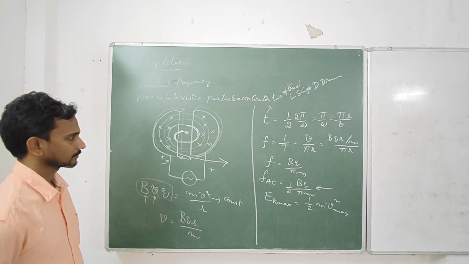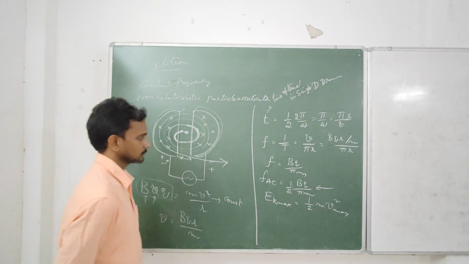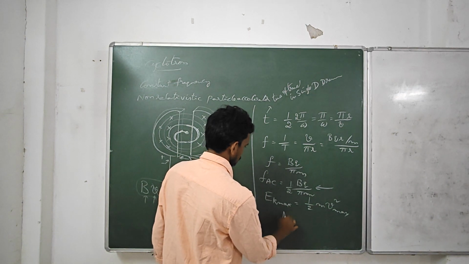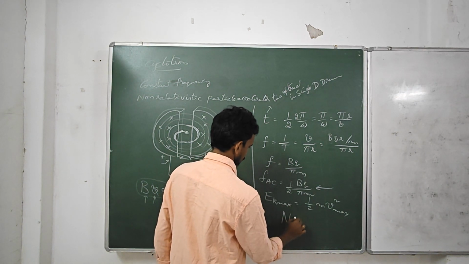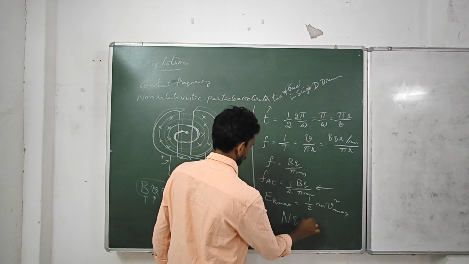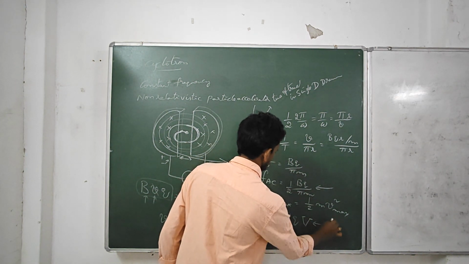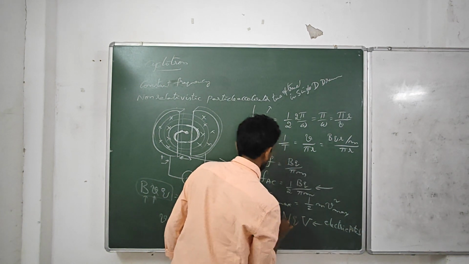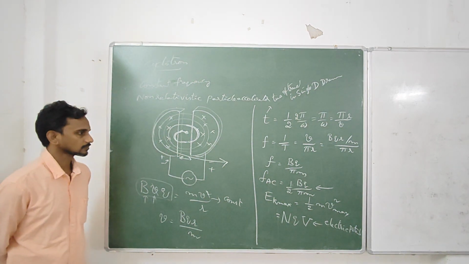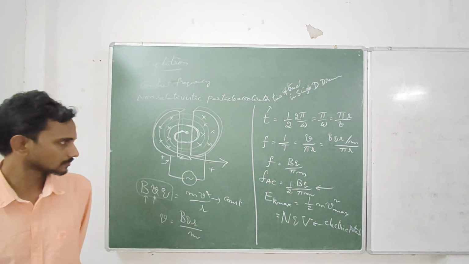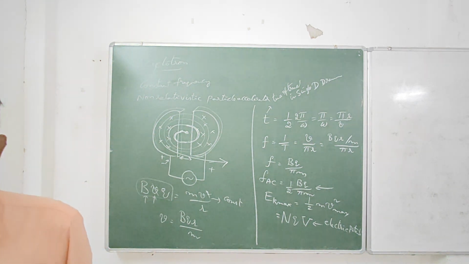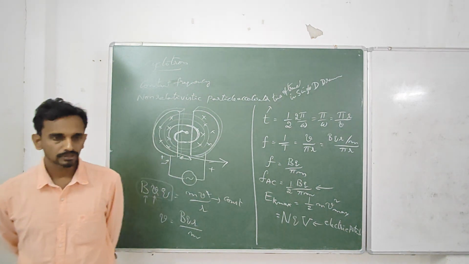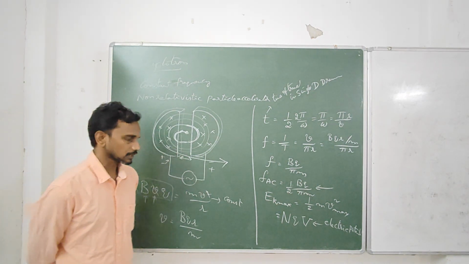Then E max is half mv square, so I can write it as nqV. n is the number of turns, q is the charge, V is the electric potential applied.